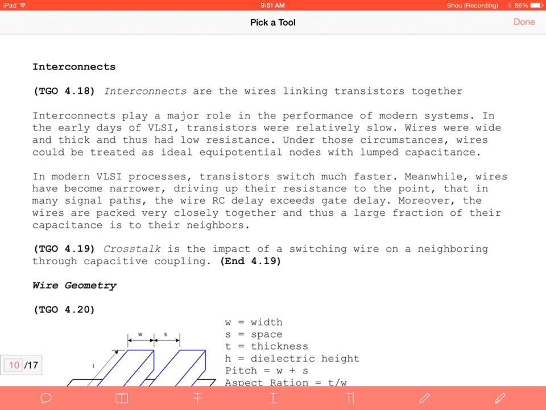The other big thing: up to this point we've worried a lot about transistor sizing and transistor widths. Well, we've alluded a little bit to these wires that go between each circuit, right?